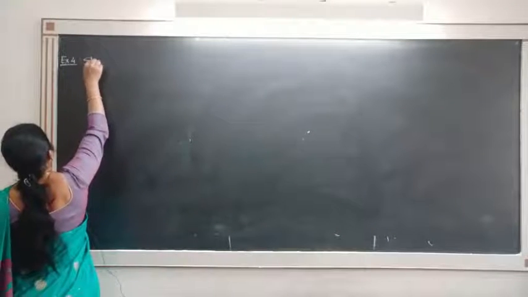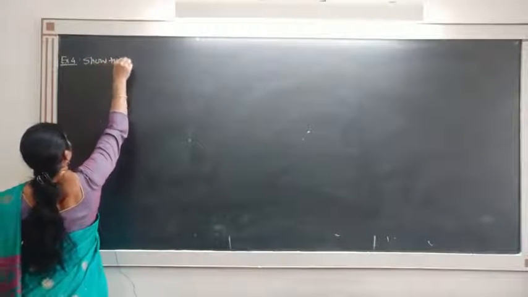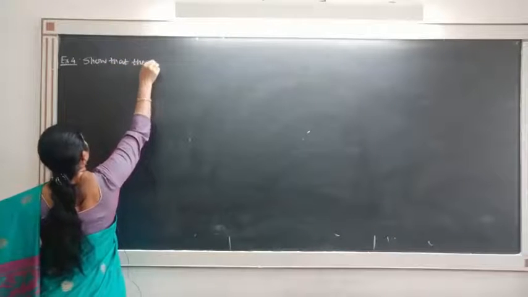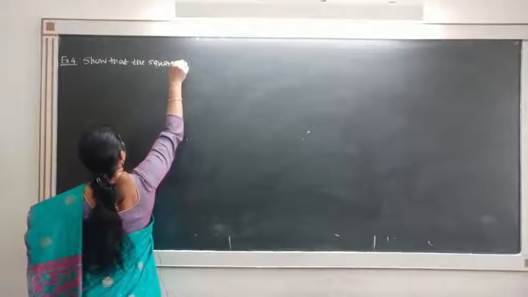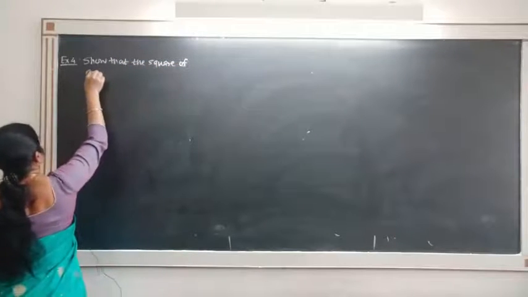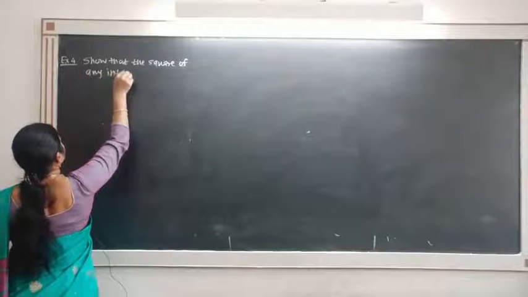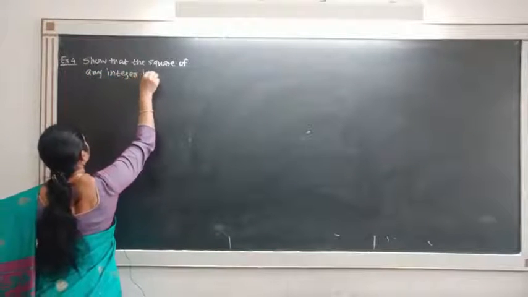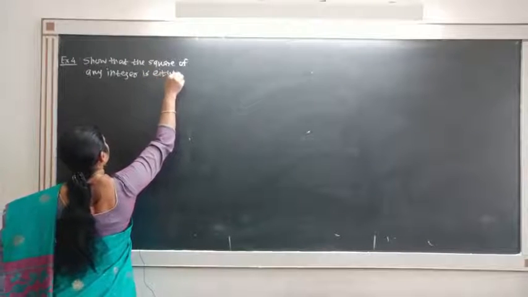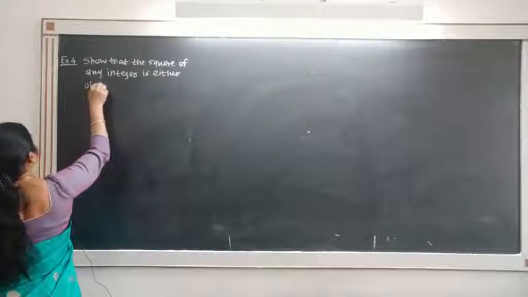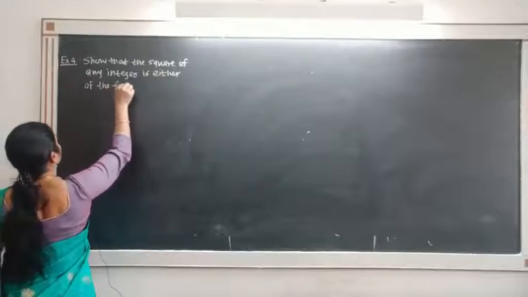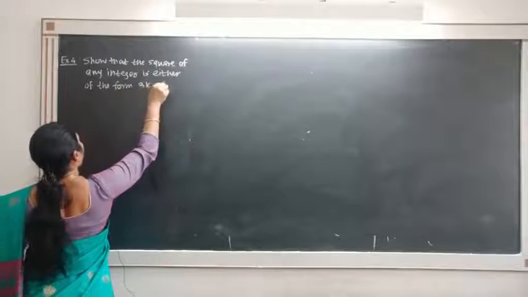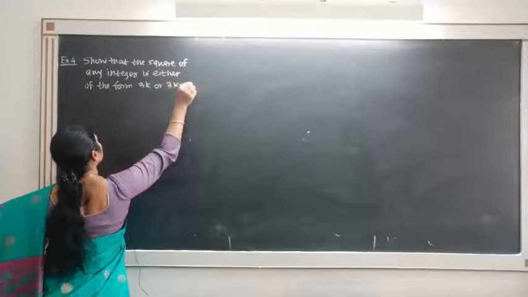Show that the square of any integer is either of the form 3k or 3k plus 1.